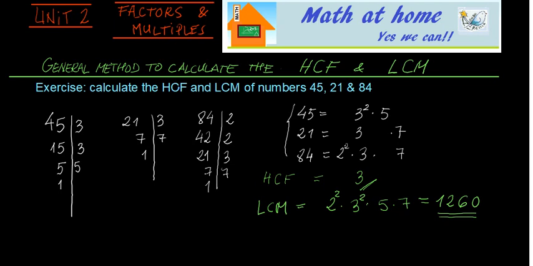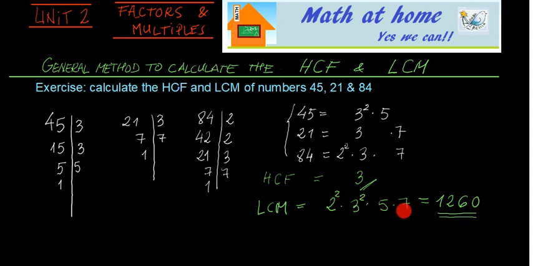It's a multiple of the three numbers 45, 21, and 84, because it contains all of them. This number contains 3 squared times 5. Yes. It contains also 3 times 7. Yes. And it contains 2 squared times 3 times 7.